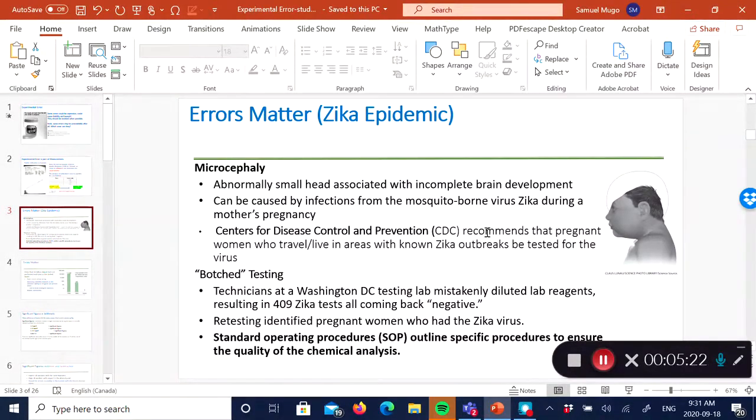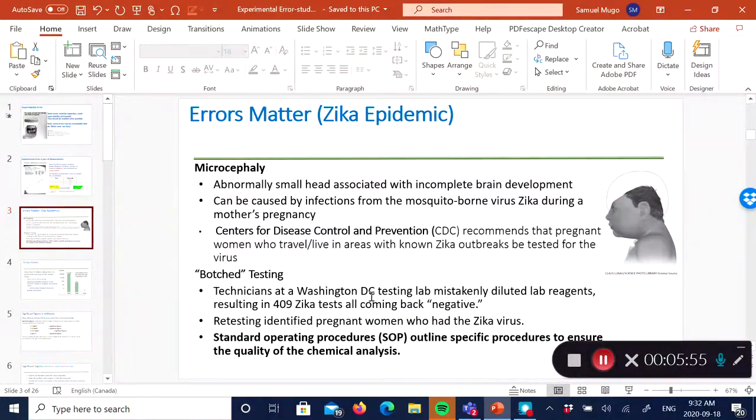And the CDC recommends that pregnant women that travel or live in areas that are prone to mosquitoes that carry the Zika virus should be tested for that virus, so that the babies or the fetus is not affected by this condition called microcephaly, where the babies are born with extremely small heads, resulting in problems with brain development.